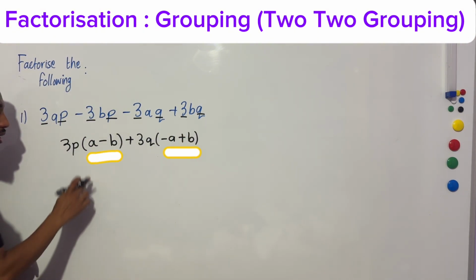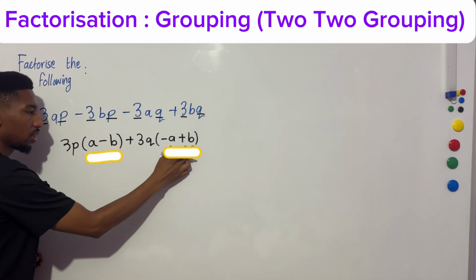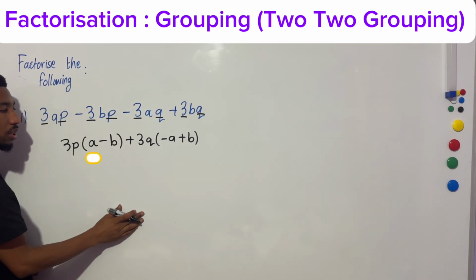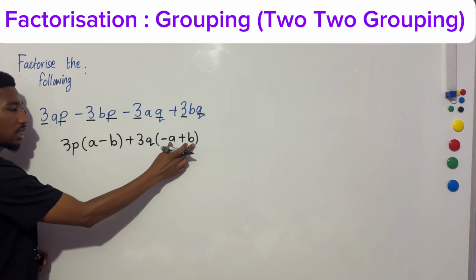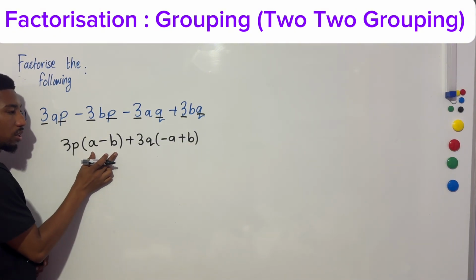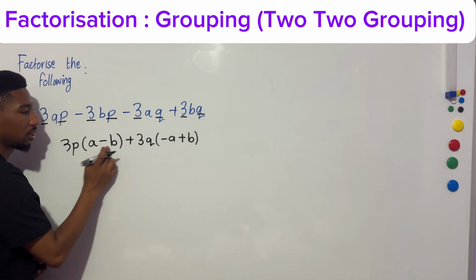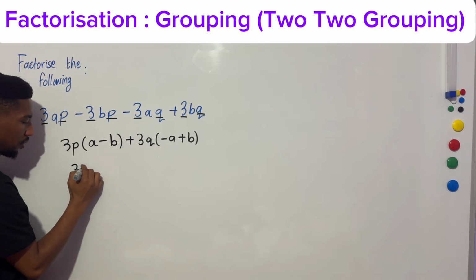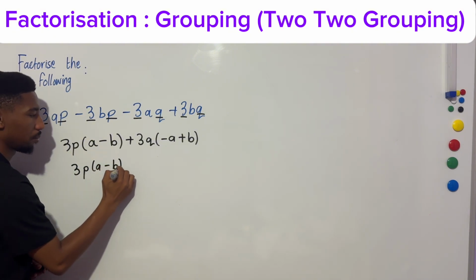Now, you can see that these brackets look very similar. What you can do is change the signs of this bracket to look exactly like the first bracket, so each sign is opposite. We simply take out the negative, so we have 3p(a minus b).